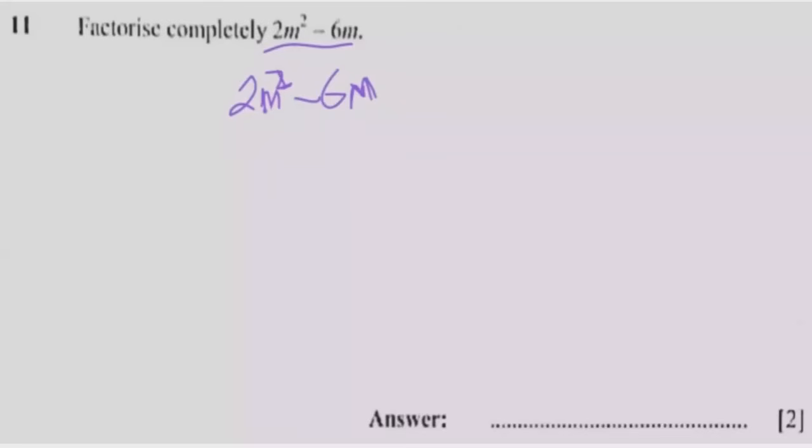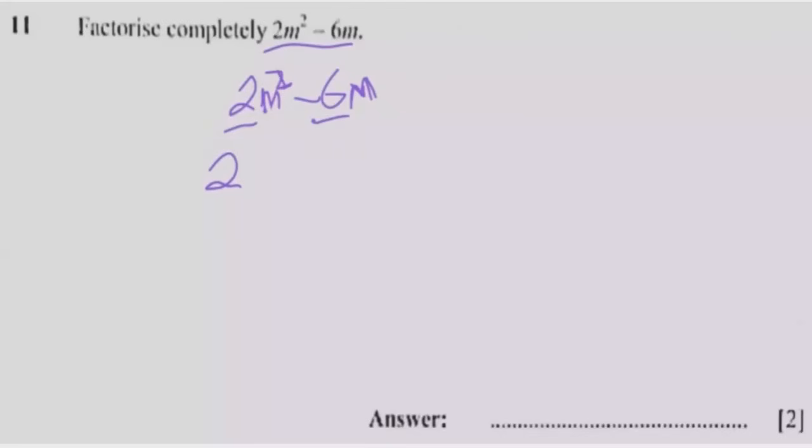When I say highest common factor of 2 and 6, I'm looking at numbers that can go into 2 and 6 without leaving a remainder. You and me, we know that 2 itself can go into 2 and 6. So we're going to use the highest common factor of 2 and 6.